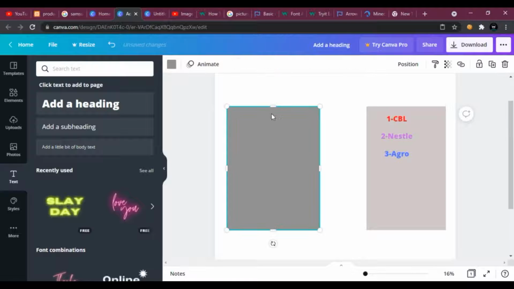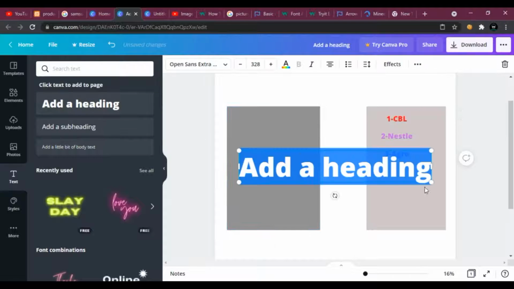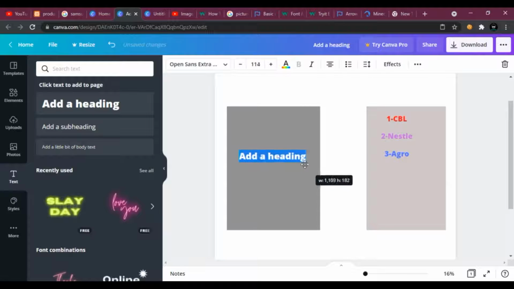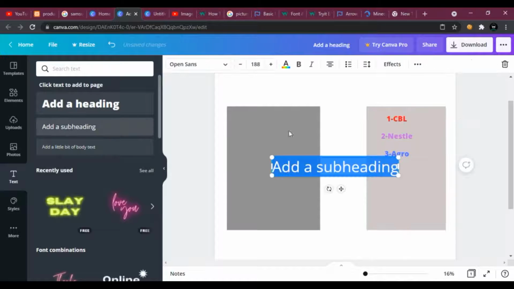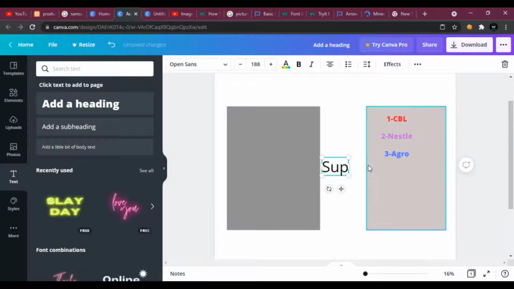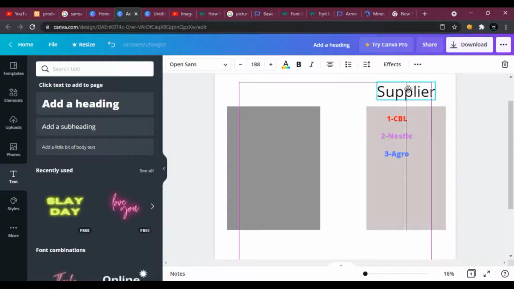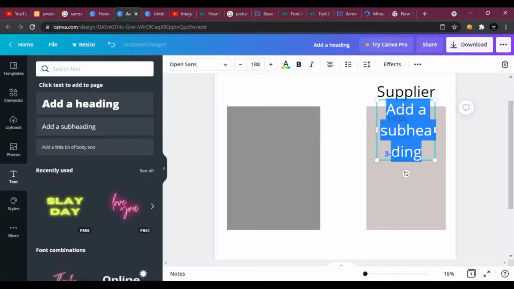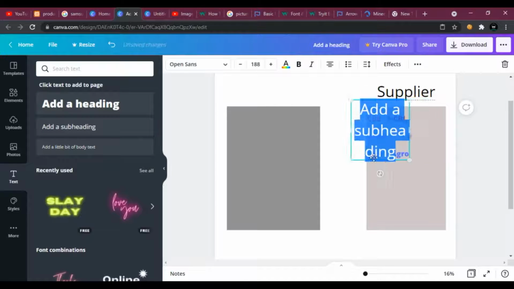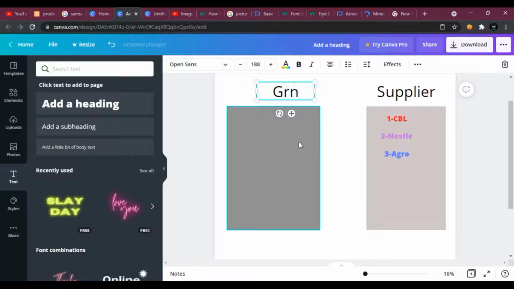So here you can see this is the supplier table, and this is our GRN table.